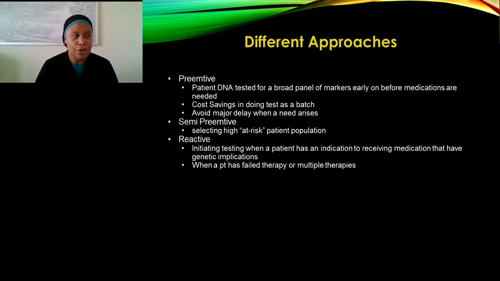Semi-preemptive is where you're selecting a high-risk patient population and then initiating the particular test. For example, if you have a patient that has high risk for cardiovascular events, then getting information on medications that are related to cardiovascular could be beneficial. Then we have reactive, and I've seen it where once a patient has failed several medications, we go back and say let's do the DNA test and see where we go from here.